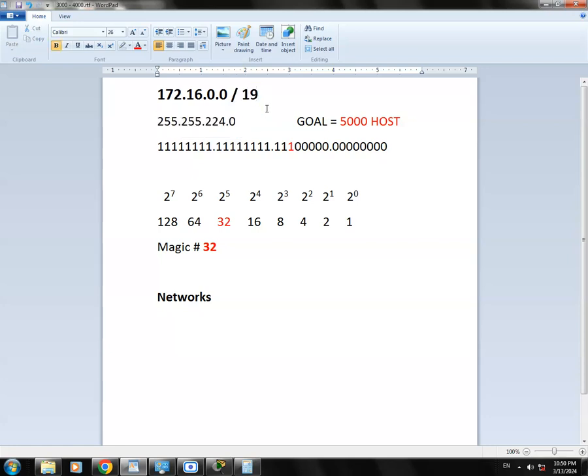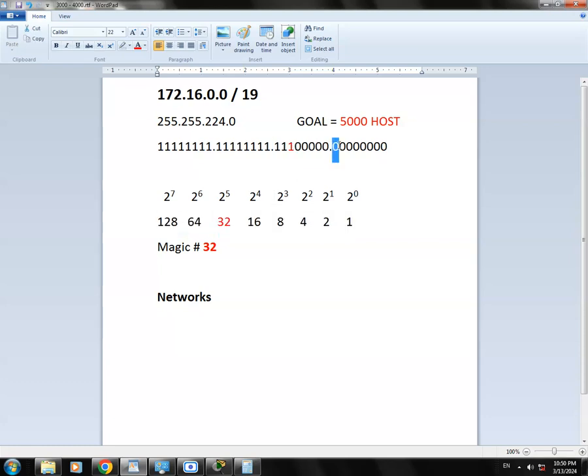And if it's a /19, the magic number would be 32, because we got the 8,192 in here. So this will be the magic number. How did we get that? Because we matched this pattern on this second portion.